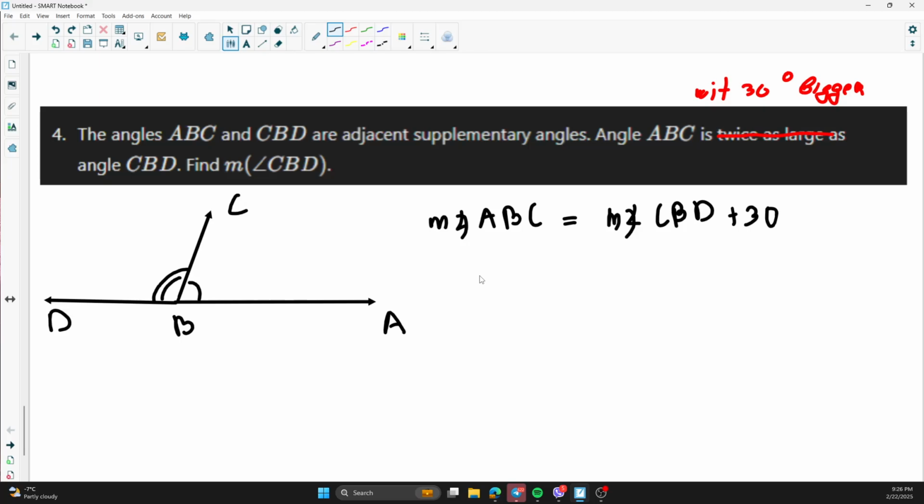ABC plus CBD will be, as you just said previously, supplementary means 180. So you can write it as the measurement of CBD plus 30 plus the measurement of CBD equals 180.